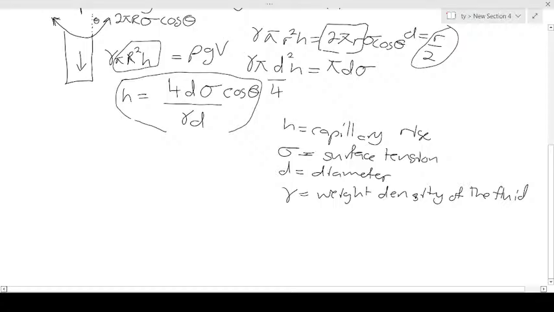Okay, so let's take an example. So what is the diameter of a cleaning glass tube required so that the rise of water at 20 degrees Celsius in a tube due to capillary action is less than H equals 1.0 millimeters?